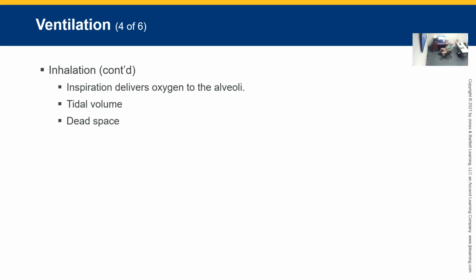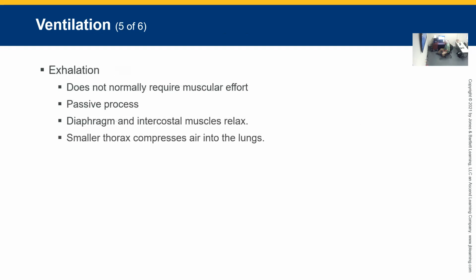Or let's say you're breathing too slow. You'll see this over and over, and you'll see it on the test: the normal respiratory rate is 12 to 20. So let's say they're breathing 6 times. That may not be enough, depending on the person. They can breathe way too slow or way too fast, and we'll talk a little bit about it.